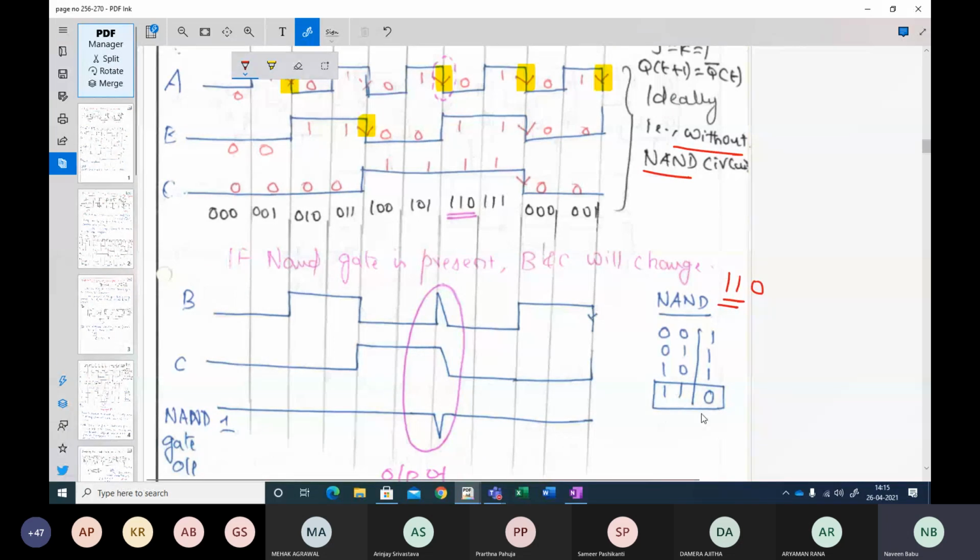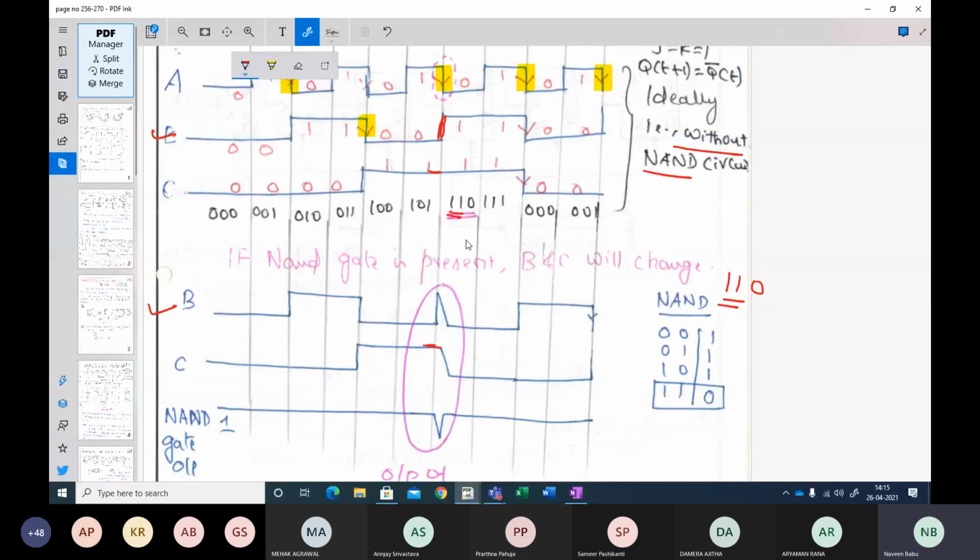You are giving it to a NAND here. Whenever your input is 1 and 1, your B input actually rises, right? So your B input here has been copied here only till this particular point. Your B is rising here, and at the same time your C is at this particular position. Look at where B and C are here.